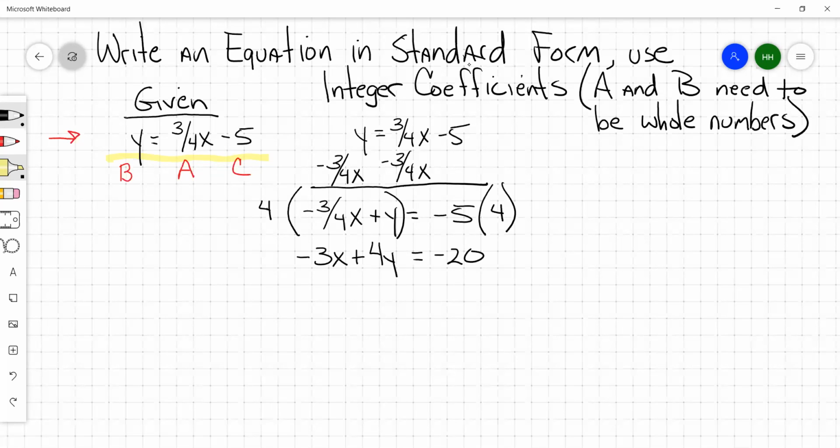Now let's do one where you're given decimals. So let's say you got y equals 9.1x plus 3.6.